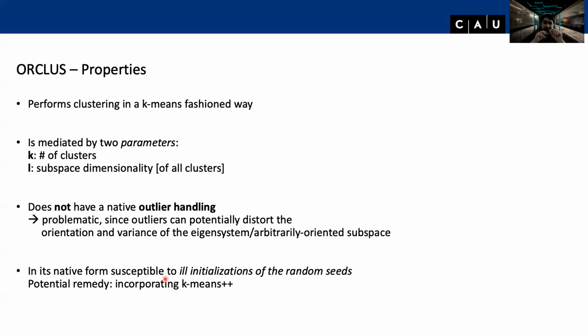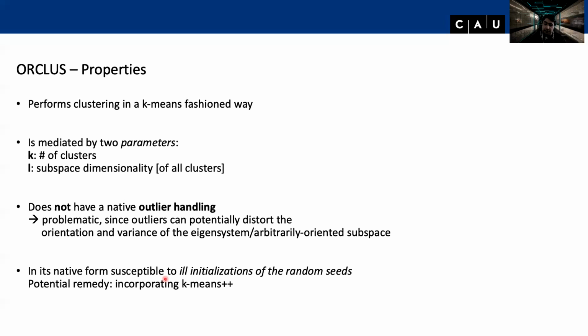If you're unlucky and choose unlucky initial centroids, it may happen that you obtain clusters which are really weird, and you say, no, the cluster should look somehow different, because there are two randomly initialized centroids that are tearing a cluster apart into two clusters.